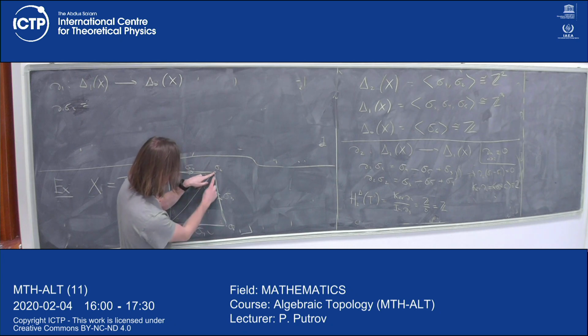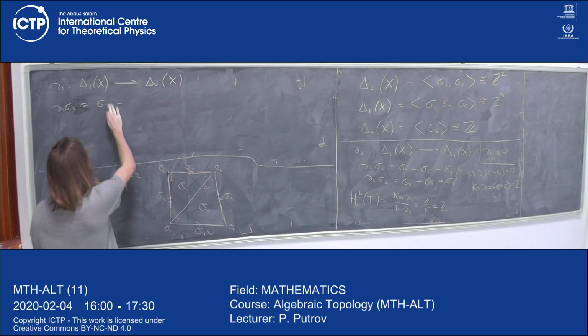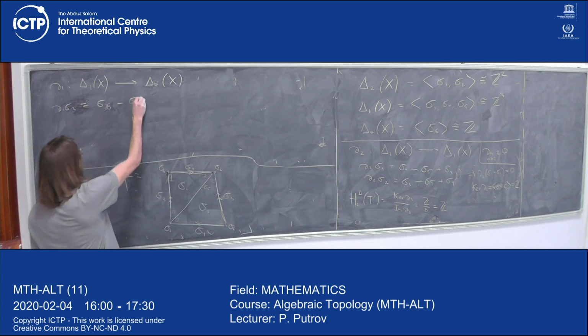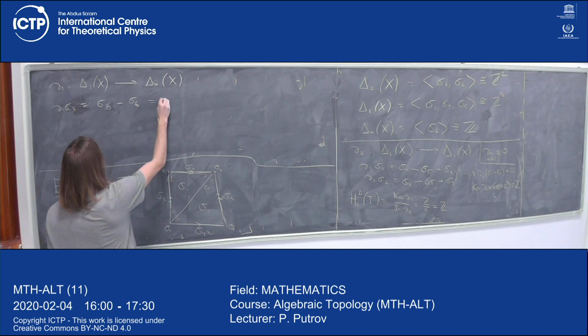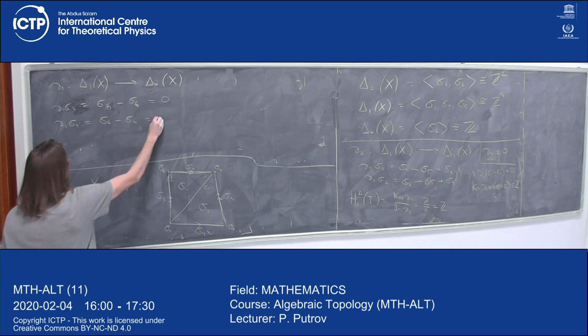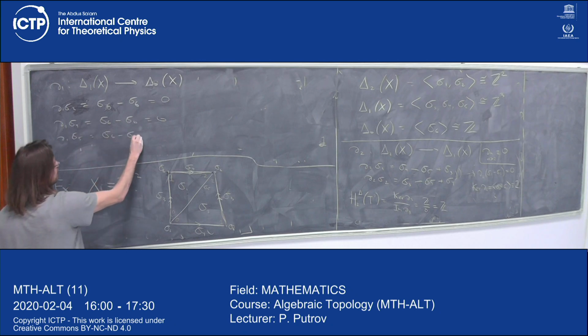If you remove this vertex, we get just sigma 6. And if you remove the second vertex, we get sigma 6 again, but we have to keep in mind that we should alternate signs when we take this boundary homomorphism. So it's actually 0. And you can see the same thing will happen for the other generators, sigma 6.